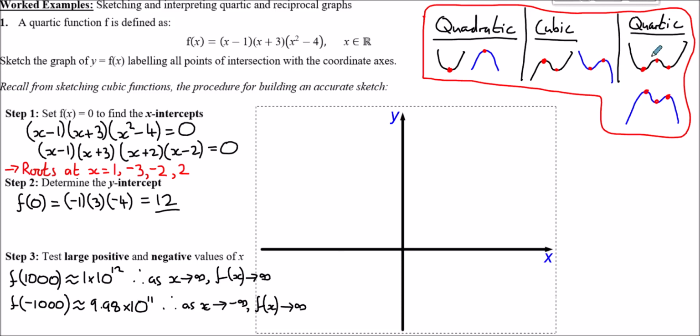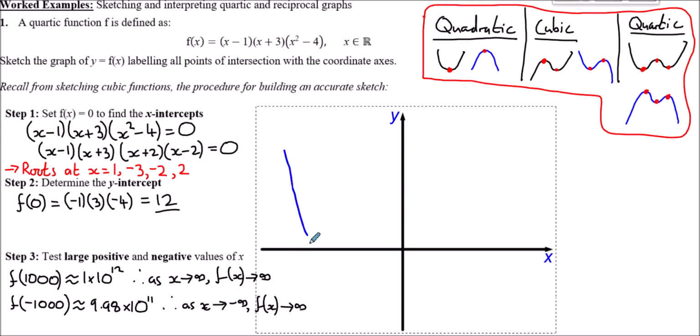It goes up at either side as x goes really small or x goes really big. So now we just need to use these roots here to help us. So we've got roots at -3 and -2. It's going to come up and cross the y-axis at 12. Then comes down again, going through at 1 and 2. So here goes nothing. Here's my attempt at a sketch.